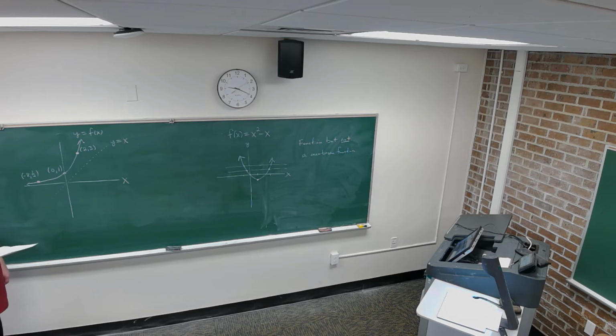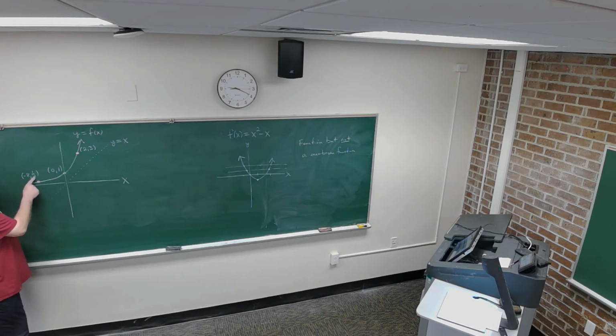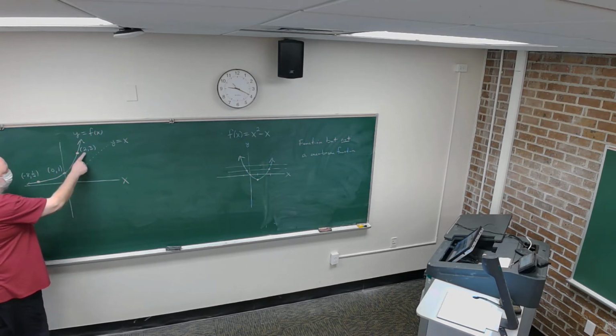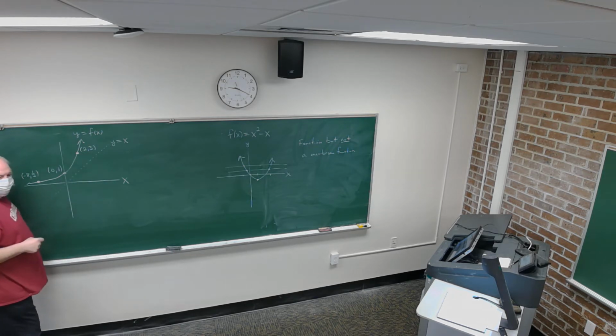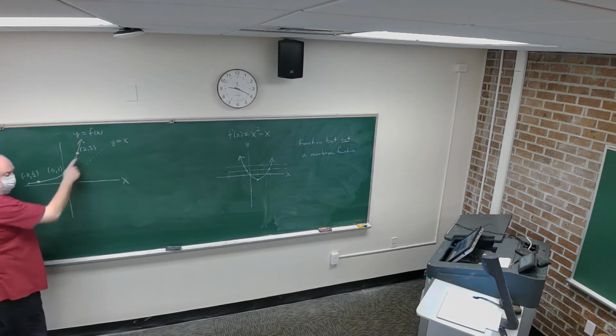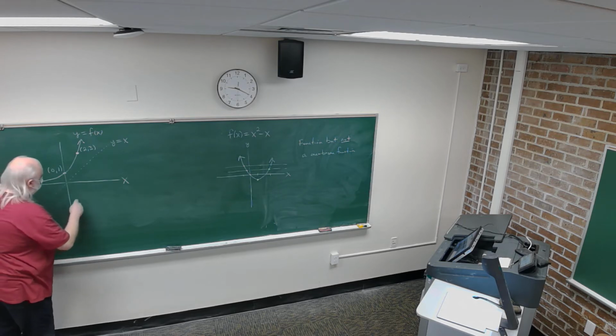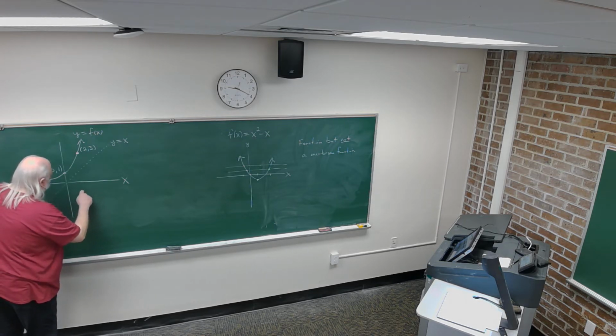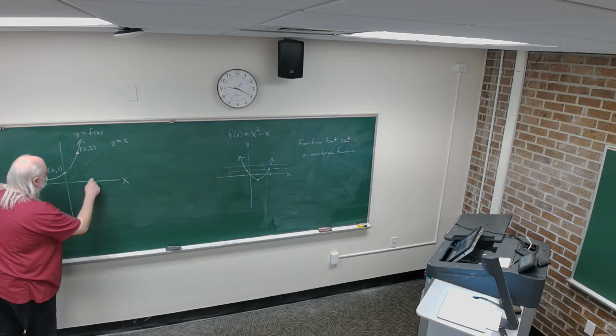So how do we graph the inverse function? To graph the inverse function, all you have to do is reverse the x and y coordinates and plot those points. So here we have the point (2, 3). If we reverse the x and y coordinates, we have the point (3, 2). And so we plot the point (3, 2).